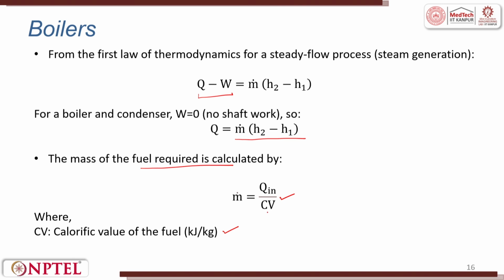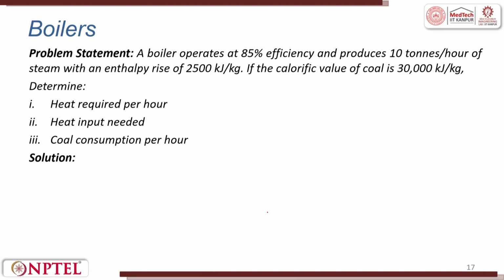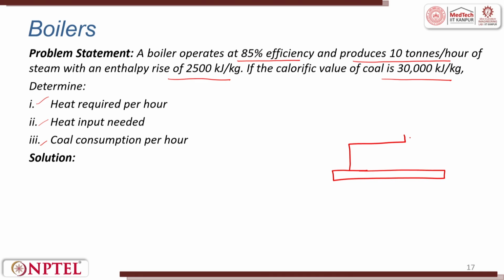Now, let me come to a problem statement for a boiler. It is about a simple efficiency calculation. A boiler operates at 85% efficiency and produces 10 tons per hour of steam with an enthalpy rise of 2500 kilojoules per kg. If the calorific value of coal is 30,000 kilojoules per kg, determine the heat required per hour, heat input needed, and coal consumption per hour. They say there is a boiler system here in which heating is done.